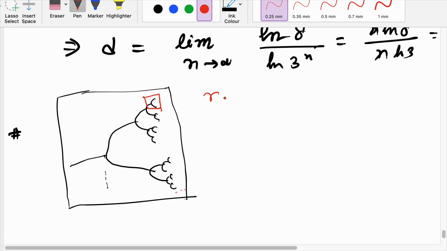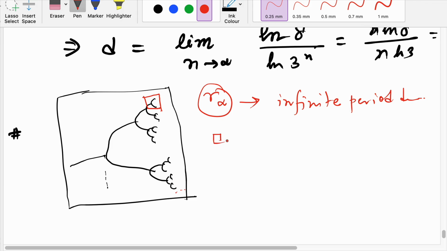So at r infinity, where infinite period doubling happens, if I just take a smaller part and zoom in, you will find that inside that region the whole orbit diagram is there. So that's it.